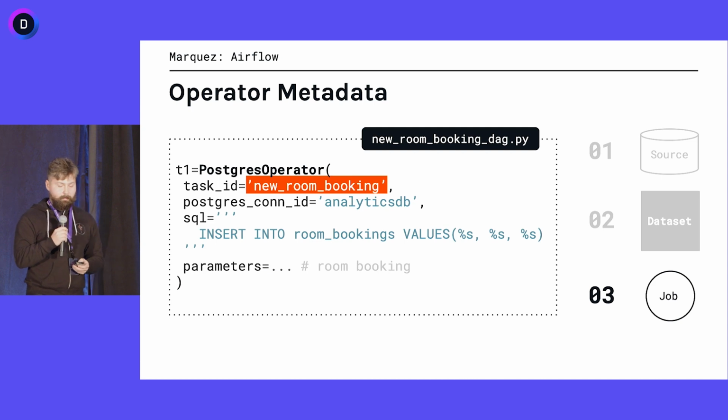Then we register the dataset. After we tokenize it, we see there's room bookings as the input table, and the job itself is called new room bookings.